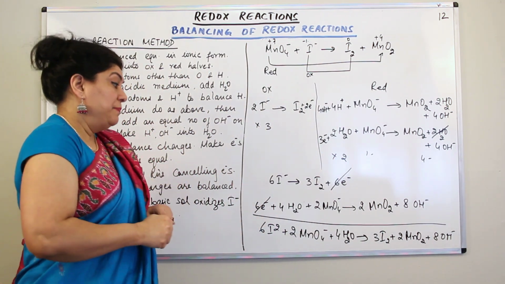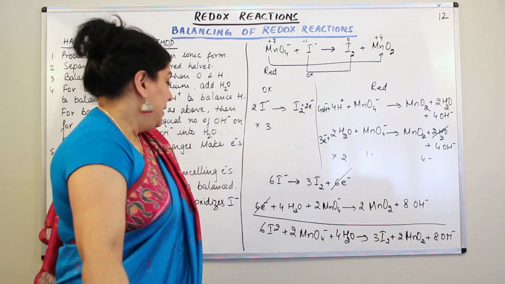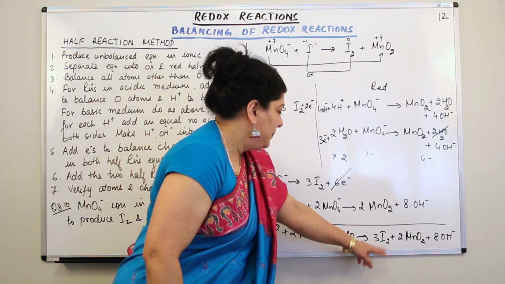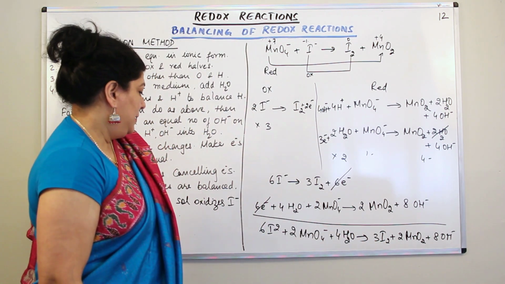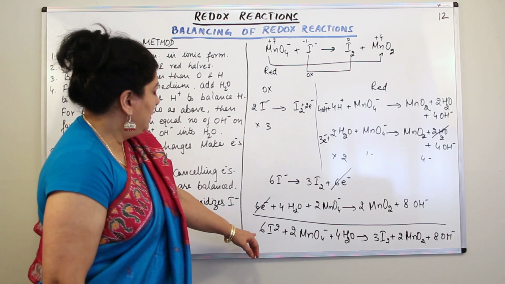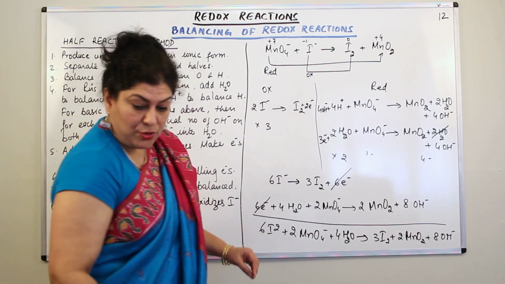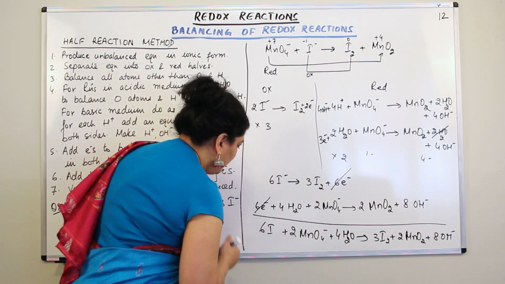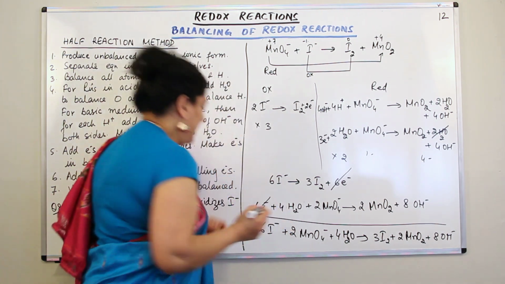And let us balance all the atoms. Made a mistake here, it's not iodine, this is iodide ion, sorry. 6I negative.